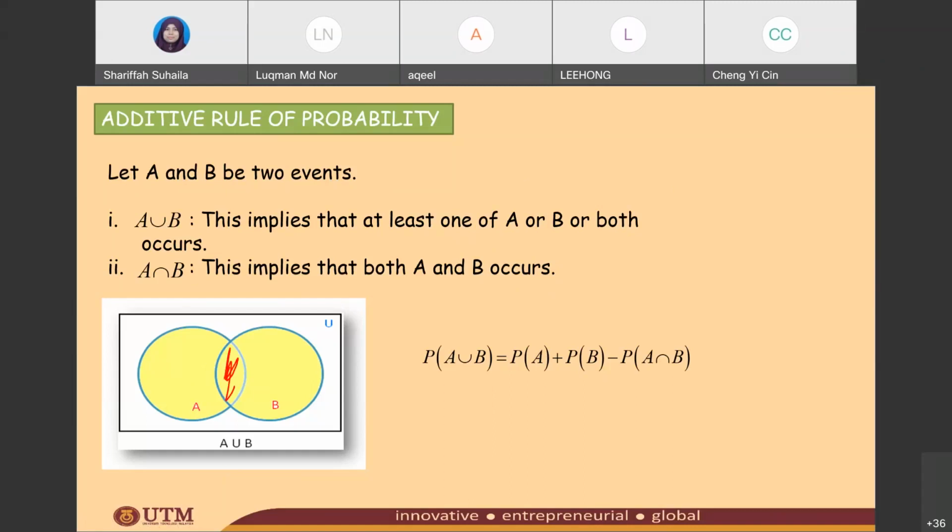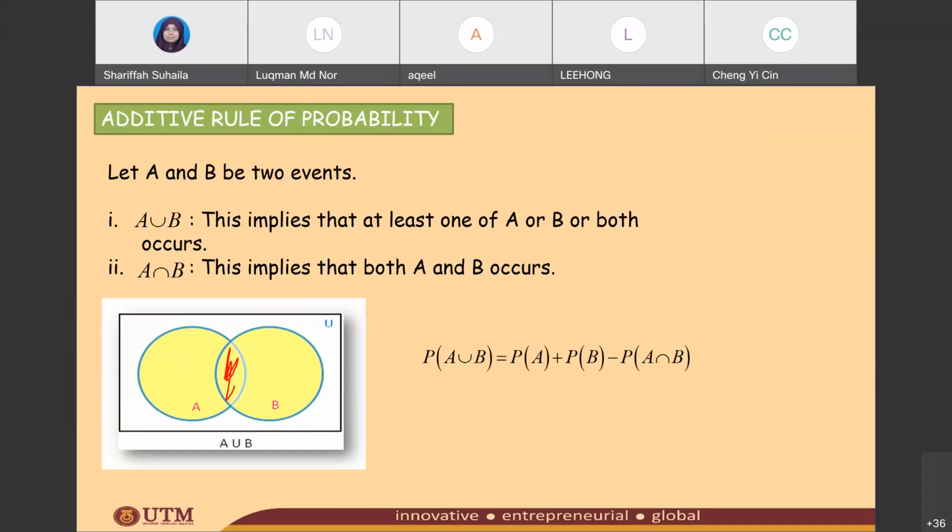So normally when we have the probability of A union B, the additive rule is the probability of A plus the probability of B minus the intersection. Probability of A plus probability of B minus A intersect with B. That is the formula for the additive rule of probability.